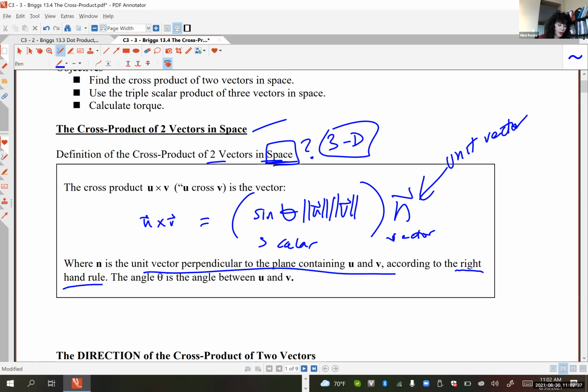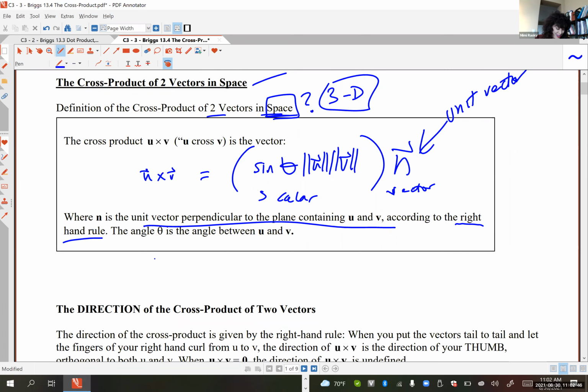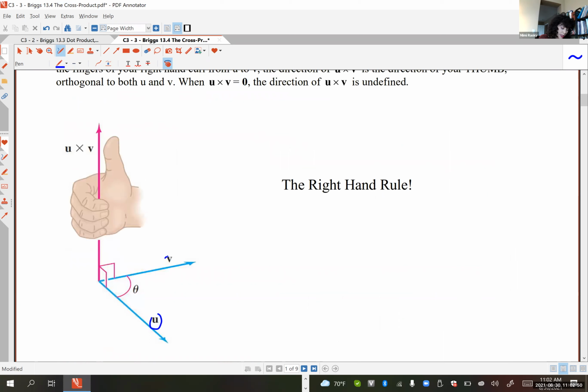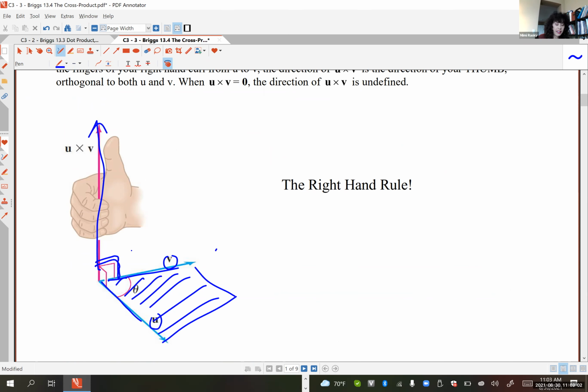What the heck is the right-hand rule? If you're left-handed, don't get a resentment. This is the right-hand rule. And so here's a picture. If somebody says, take the cross product of u and v, you notice that u and v can be considered in some plane. So this is sort of flat here, a flat table. Notice this pink vector is making a 90-degree angle with the flat table, the plane containing the u and v vectors, okay?